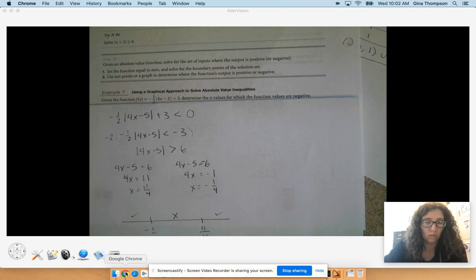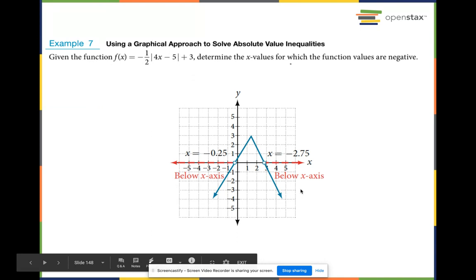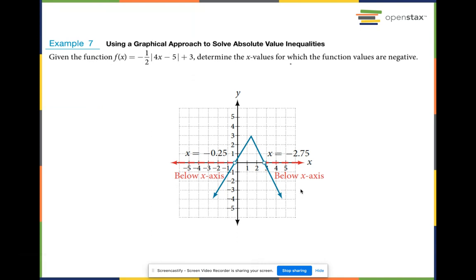So let's look at the graph. Sure enough, we see the graph was inverted. A lot of stuff happened to it. It got shifted to the right, it got shifted up, it got inverted, and it looks like it was also vertically or horizontally stretched or compressed. And we can see all that from here, right?